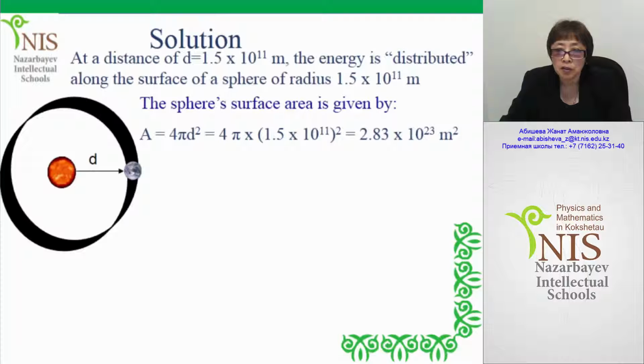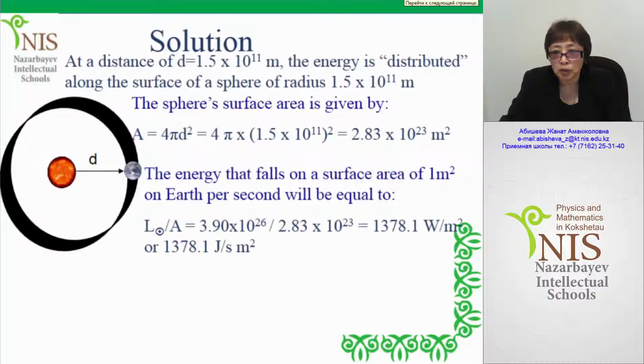The sphere's surface area is given by area equals 4 pi d squared, equals 4 pi multiplied by 1.5 times 10 to the power 11 squared, equals 2.83 times 10 to the power 23 meters squared.